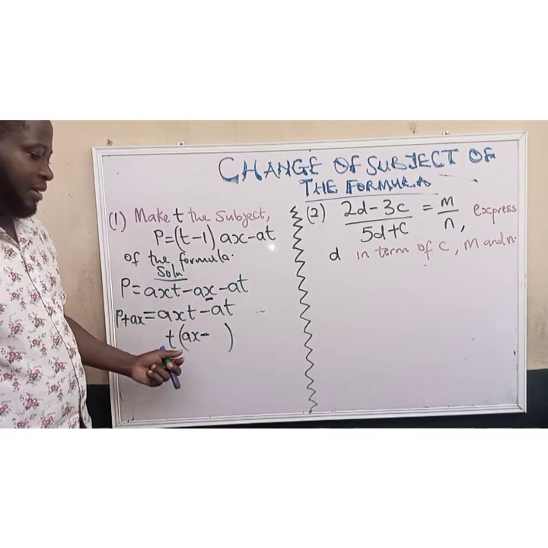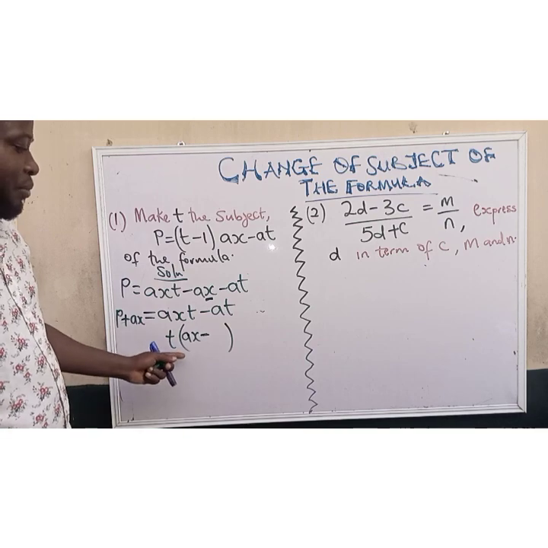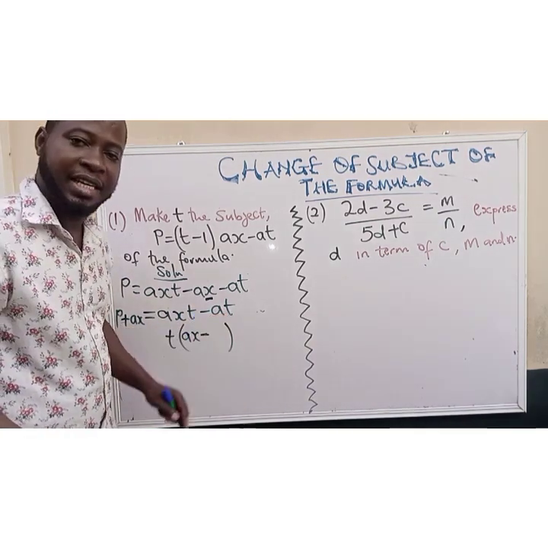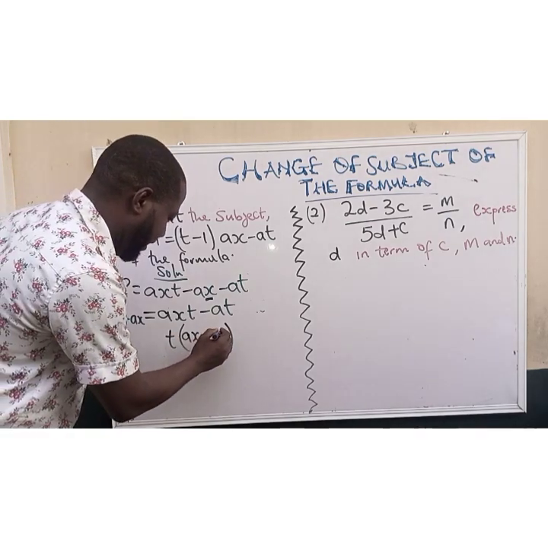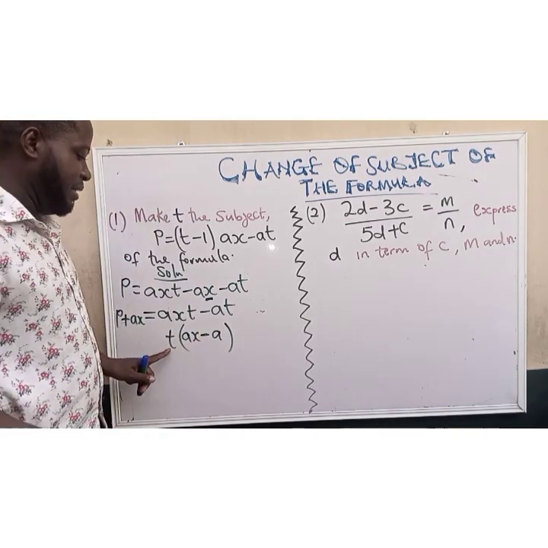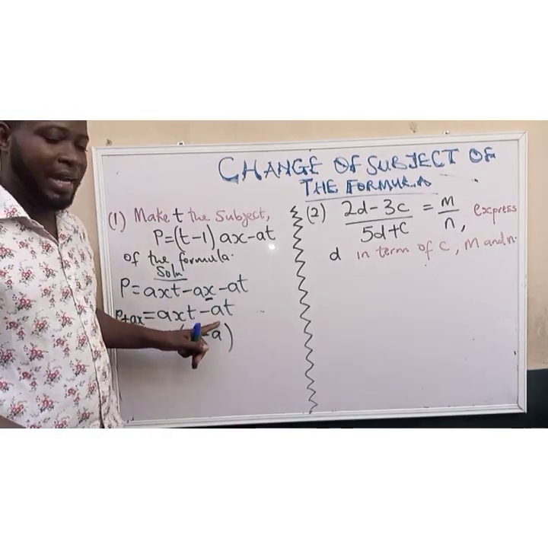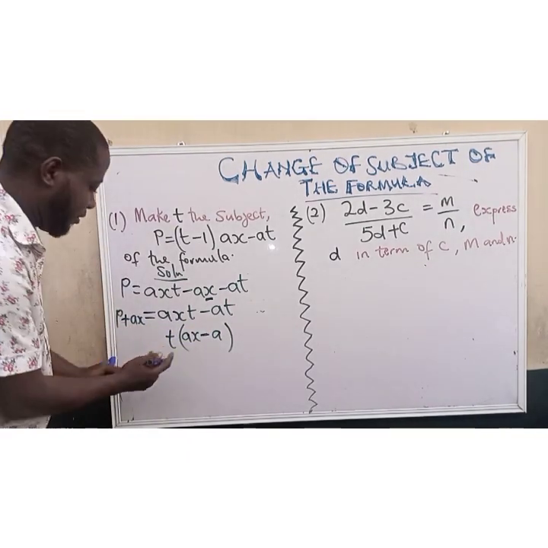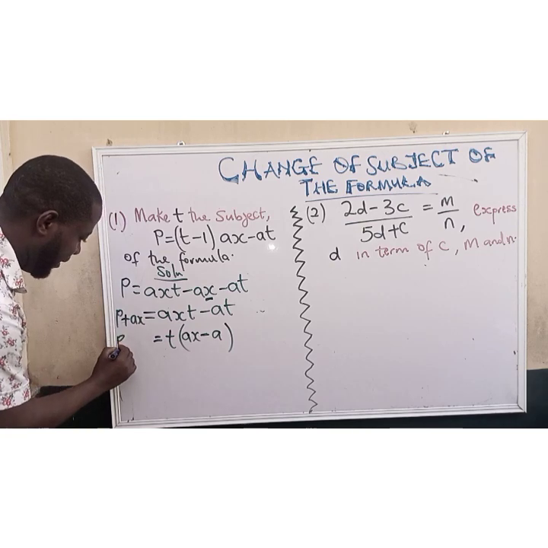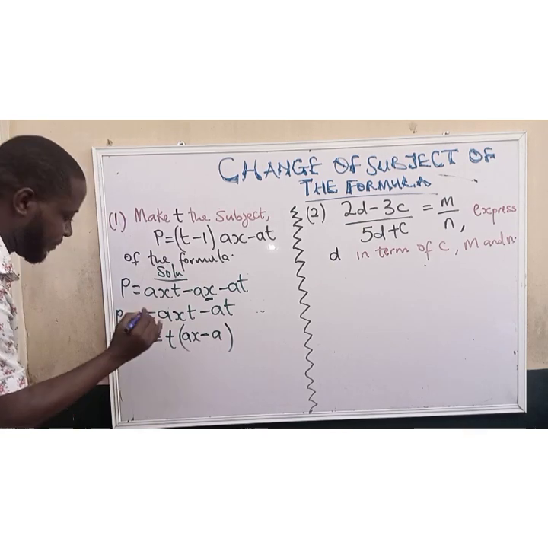Minus, t multiplied by what is going to give us at, that is going to be t multiplied by minus a. t multiplied by minus a will give us minus at. That is very simple. So we have factorized this, then we have this p plus ax.